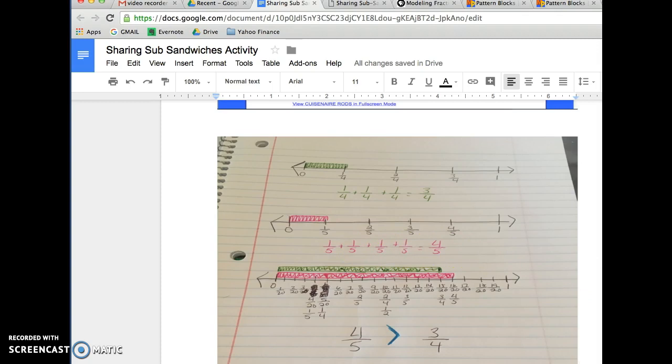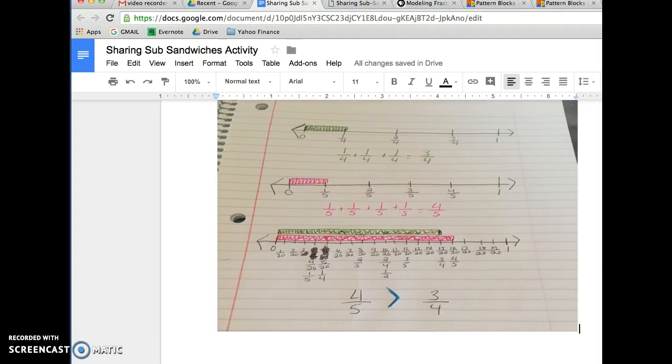So one way to show who's getting a greater amount or a lesser amount is to change the fractions so they're in like terms. So we took the fifths and subdivided them into fourths, and that's what we did here. I labeled my fifths and then subdivided into fourths.